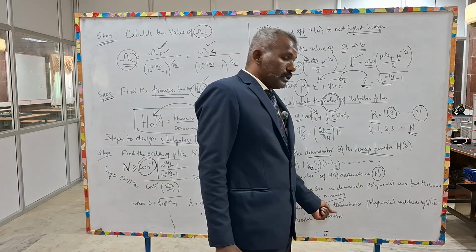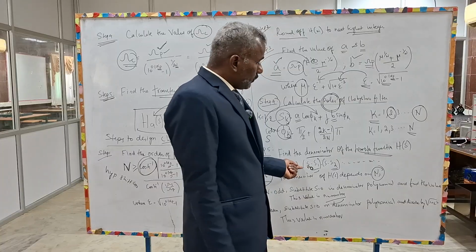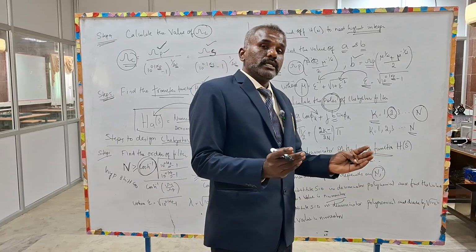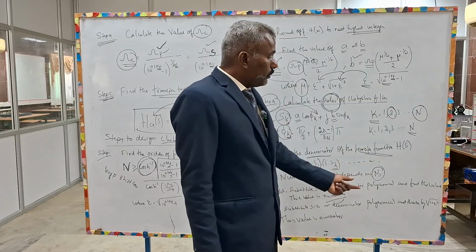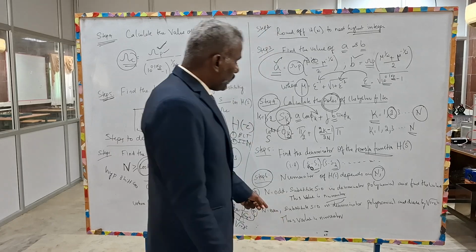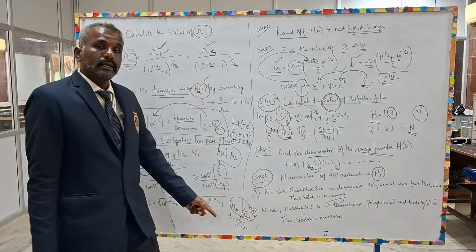After substituting s equal to 0 in the denominator polynomial, whatever constant you obtain, divide it by the square root of 1 plus ε². This value is the numerator value.